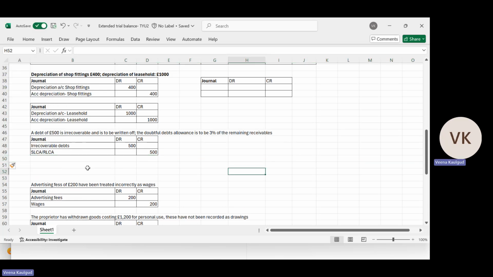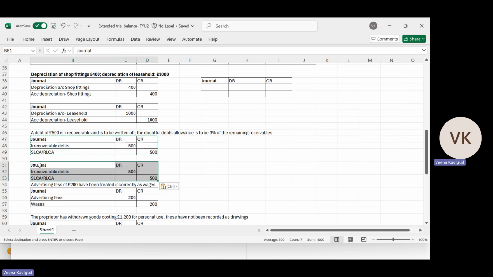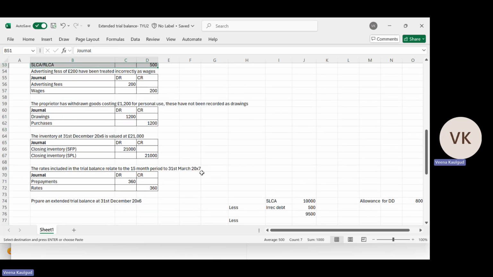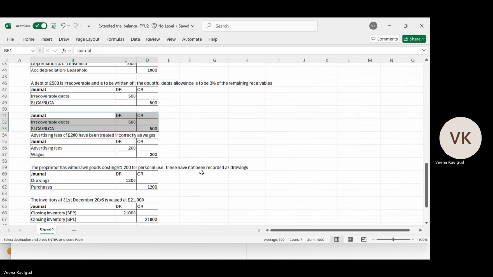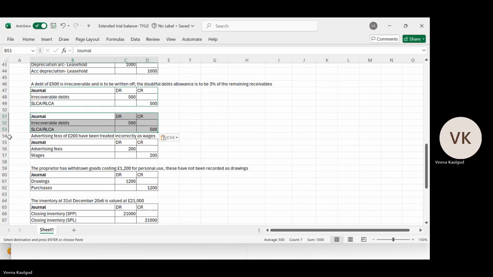Yeah, so what I will do is I'm going to do this journal, and I'm going to Control C, Control V. Okay, yeah, that's fine. So this is the journal for... let me just clear these numbers.